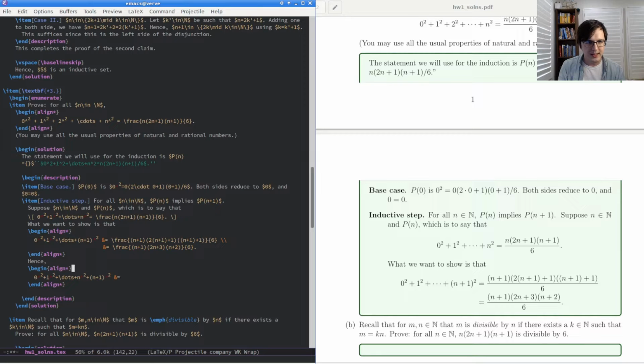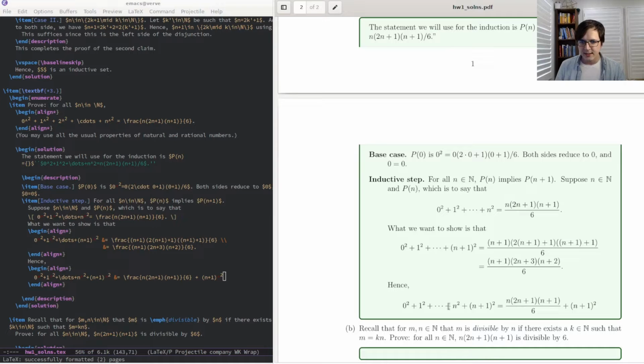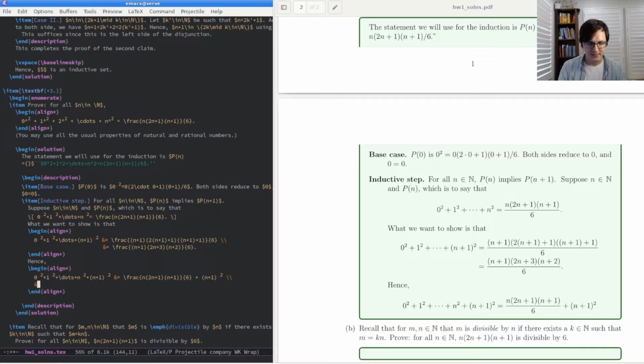And then we can replace that with the conclusion of the hypothesis. Let's see where we are. Okay, so I took what we wanted to show's left-hand side and substituted in the right-hand side. Great. Now it's just a lot of algebra.